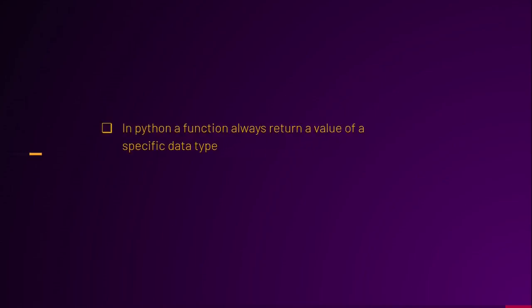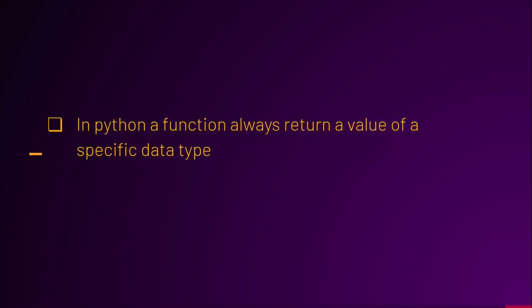Let's discuss something else as well. Whenever I define a function, it always returns a value of a specific data type. If you define a function that doesn't return something explicitly, so if you don't specify that you want this function to return a certain type, there is a type that is always returned, which is a None type.